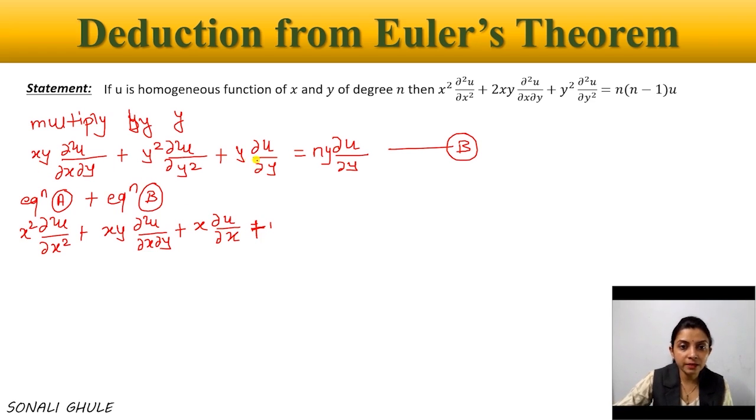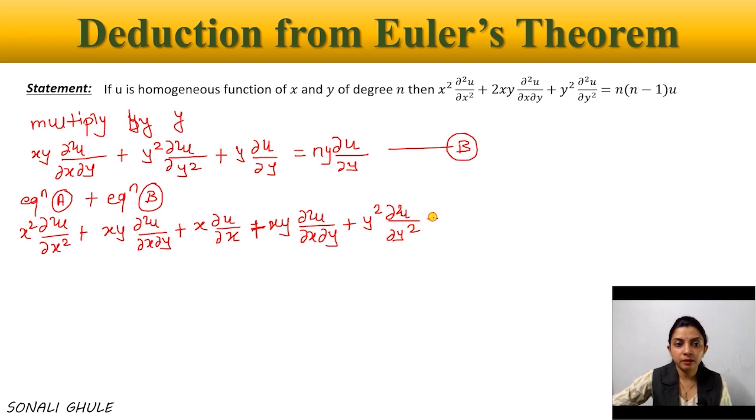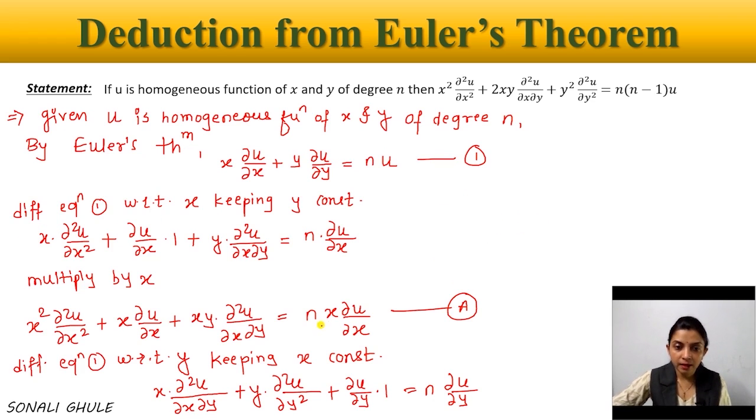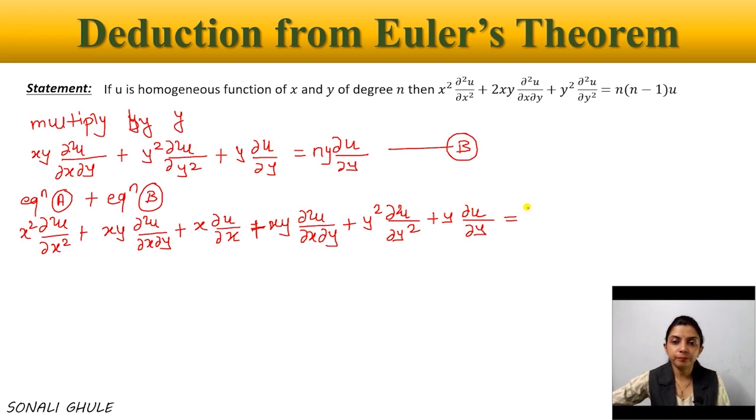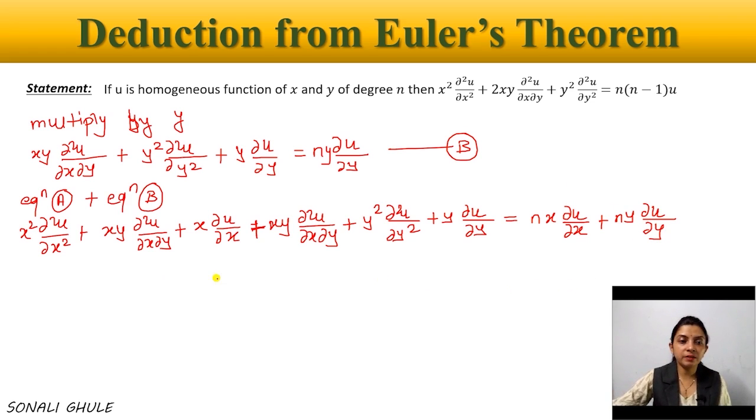Now write down the left hand side of equation B. That is xy ∂²u/∂x∂y plus y² ∂²u/∂y² plus y ∂u/∂y is equal to, now the right hand side of equation A, n x ∂u/∂x, plus the right hand side of equation B, n y ∂u/∂y. Now just simplify this one.